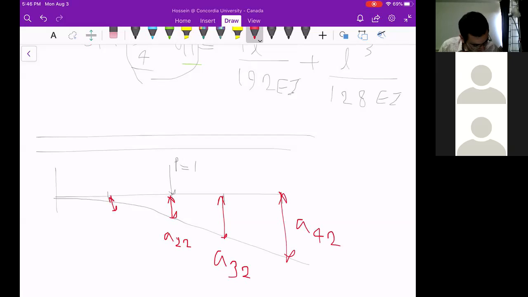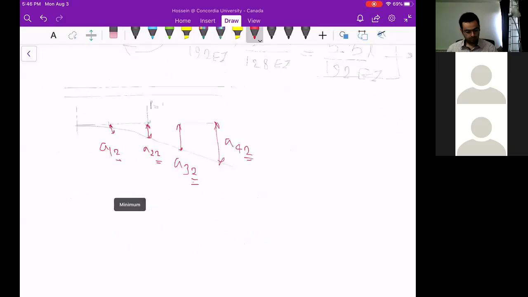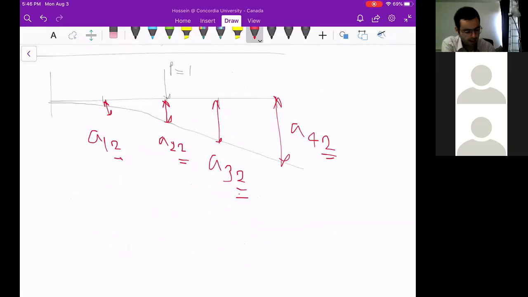So A22 is easily PL cube over 3EI, the formula.